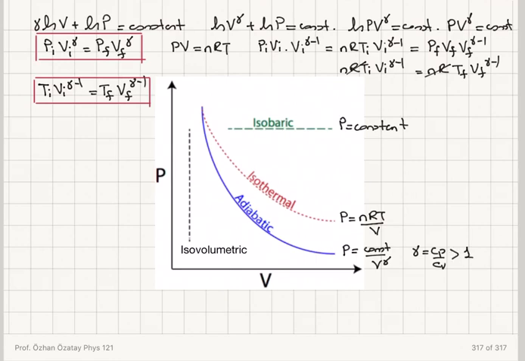For an isovolumetric process, you have volume is a constant. V is a constant. So this basically summarizes the different types of PV curves you can have depending on the type of process we use.